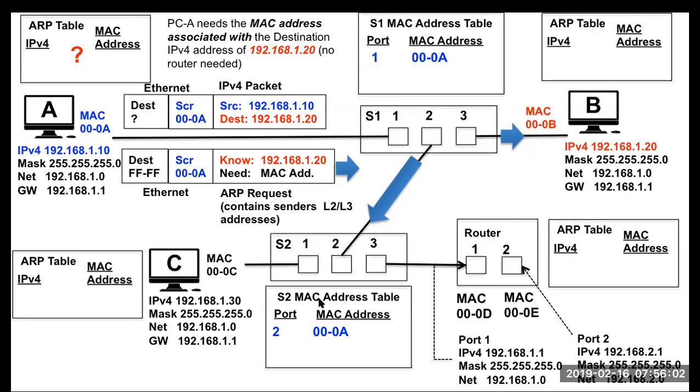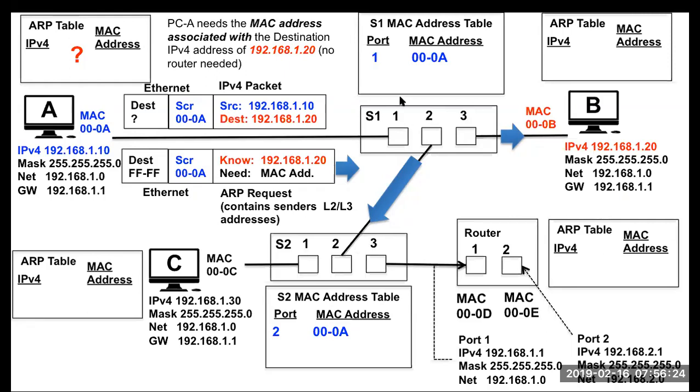Here's a common misconception or mistake that some students might make. They'll think that in switch S2's MAC address table, it puts the incoming port number of switch 1, which would be port 1. No, it has no idea what switch 1 is doing here. Remember, these devices live in a bubble.